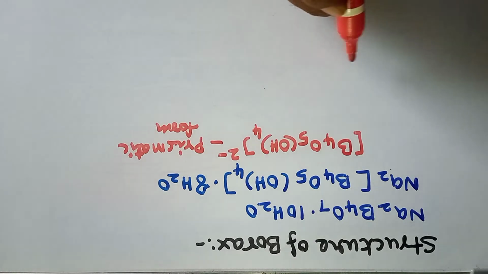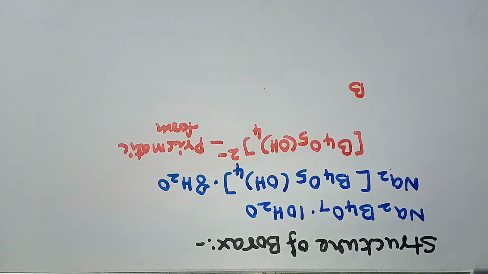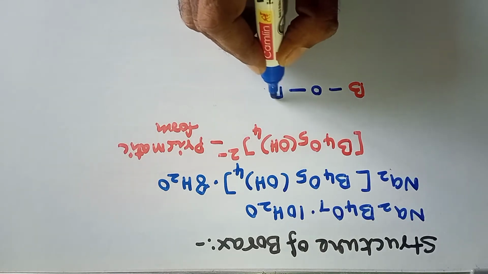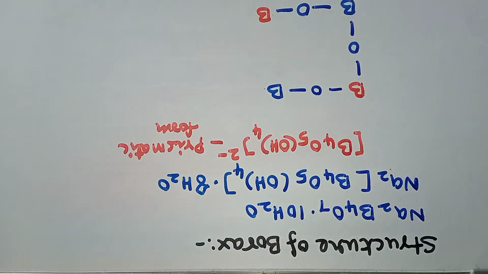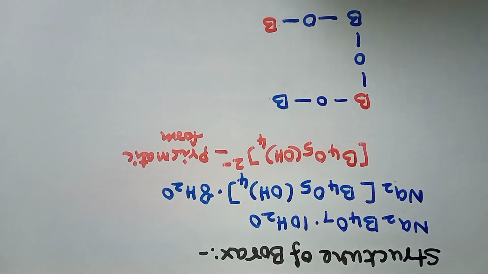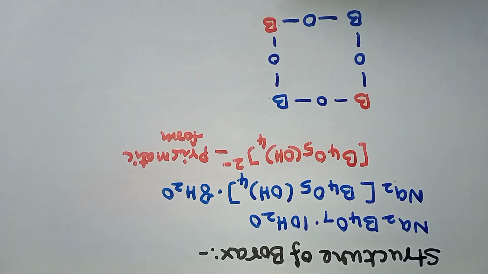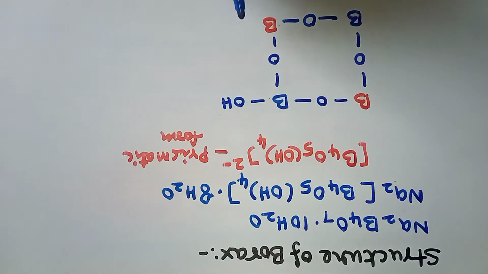Now let us discuss the structure of borax. In borax, here is one boron, then oxygen, boron, oxygen, boron, oxygen, boron. The OH groups are present outside; there are 4 OH groups in the borax unit.